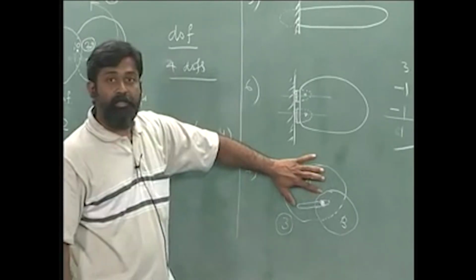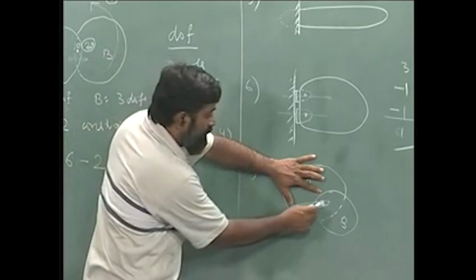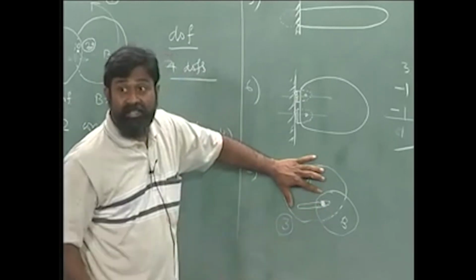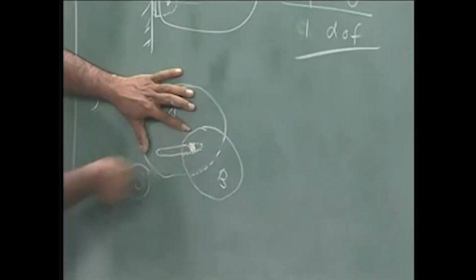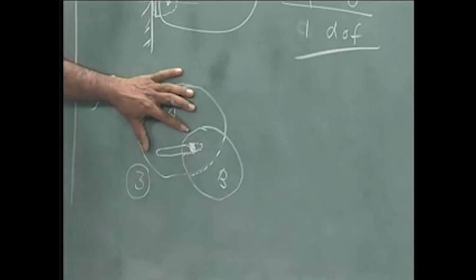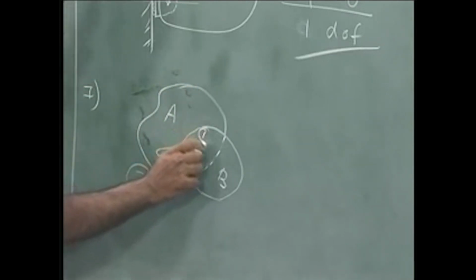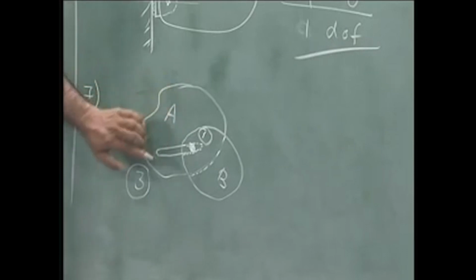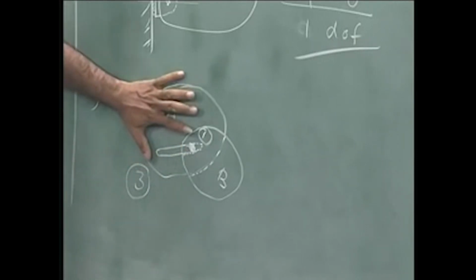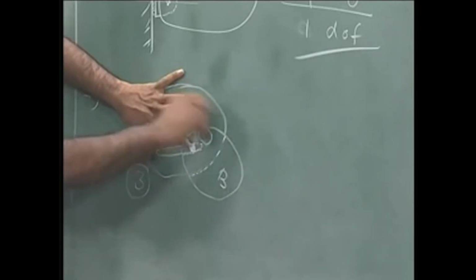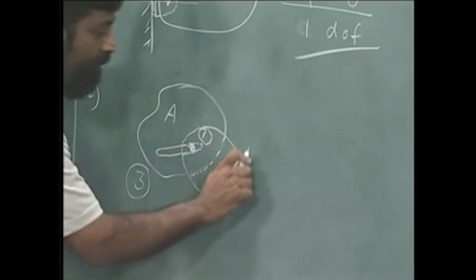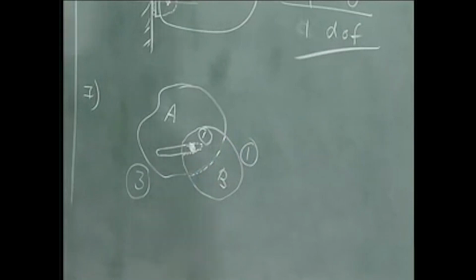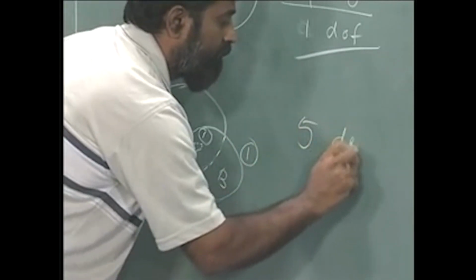Let us fix this particular body A, let us take this particular pin as another body, and that pin can have one translation along this direction. So one more degree of freedom. And if I fix this pin as well as A, the body B can rotate about the pin axis, and therefore it has one more degree of freedom, and therefore this will have 5 degrees of freedom.